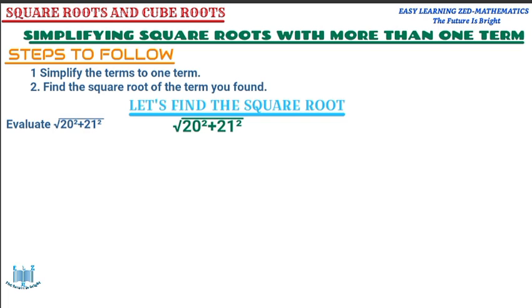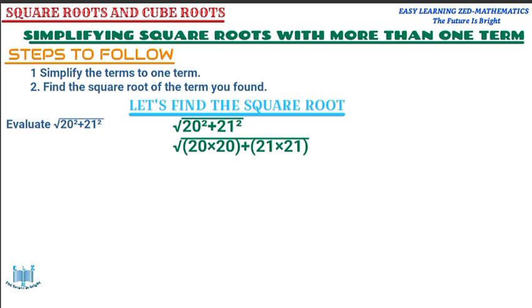So what I'm going to do is expand these first because I want to find their values. I'm going to expand them, which is going to be 20 multiplied by 20. I'm going to write like this: 20 multiplied by 20, then plus 21 multiplied by 21 inside the square root sign. Once I've done that, I'm going to find the product of the numbers in the brackets.